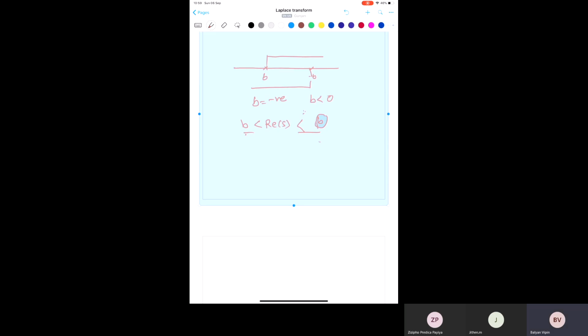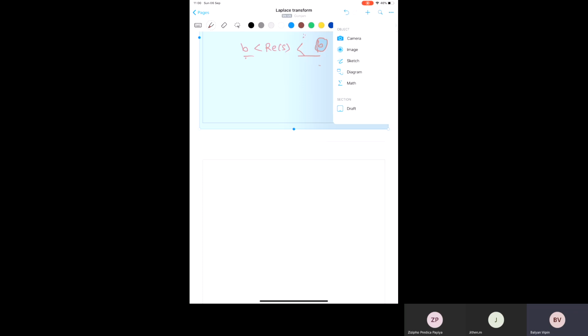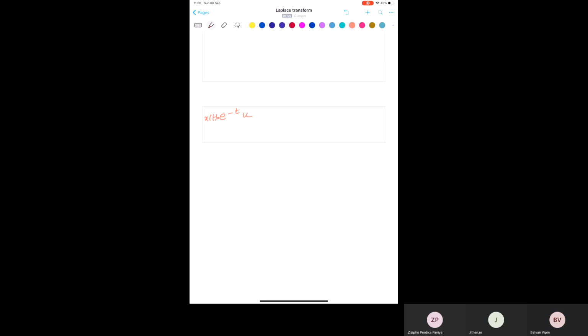Suppose we have two signals, which are e raised to the power minus t, meaning x of t is equal to u of minus t. So how will you find the Laplace transform?